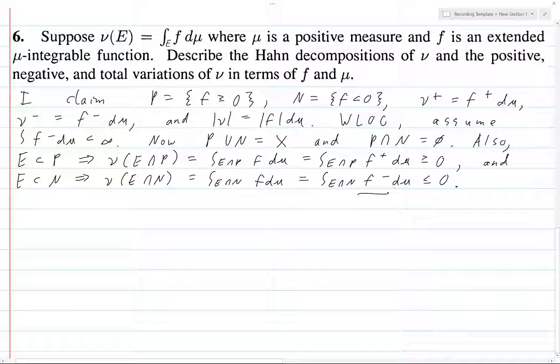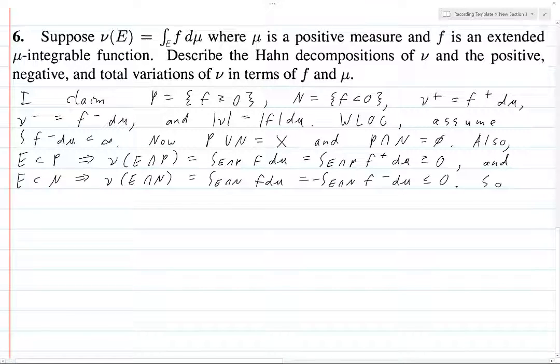Because f is equal to f plus minus f minus, so this is actually going to be a negative here. And so we're integrating a positive function with respect to a positive measure, so we get a positive value, and we're taking the minus of that, and so that's going to be less than or equal to 0.